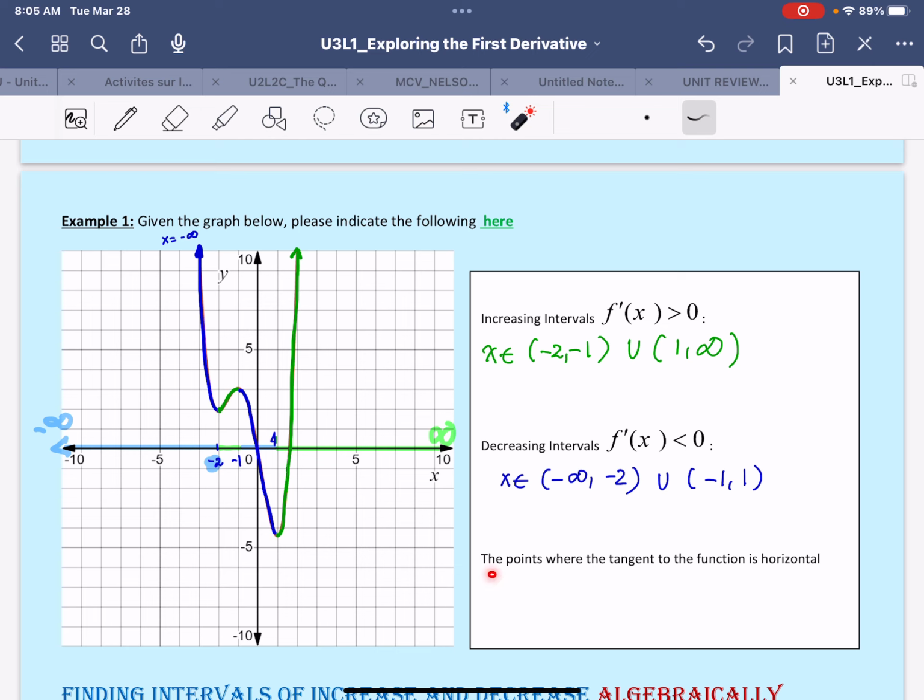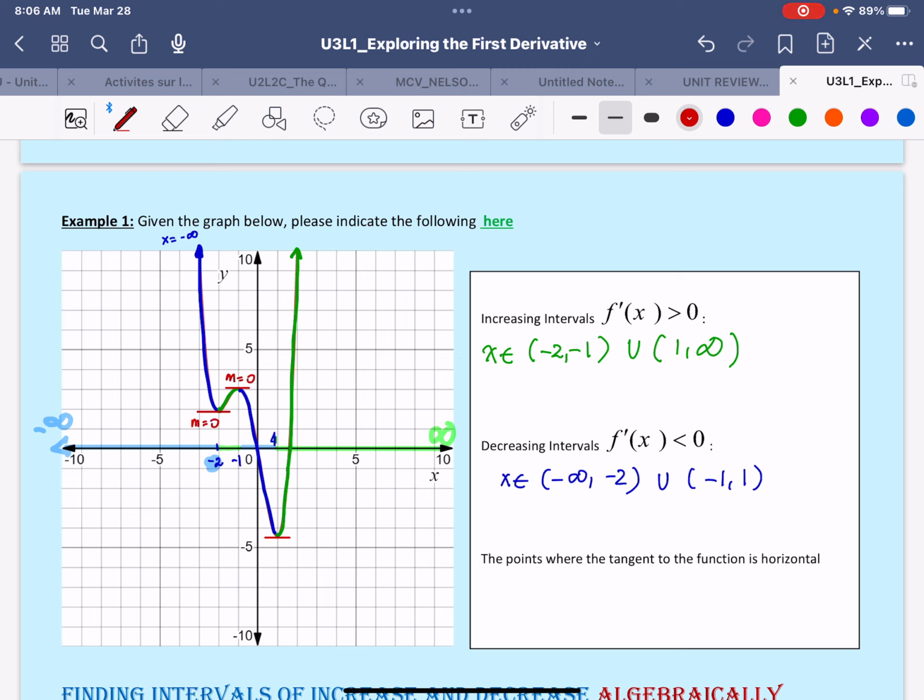Next, we have to determine the points where the tangent of the function is horizontal. As you can see here, we can draw a horizontal tangent right here at x equals negative 2. We can draw a horizontal tangent at x equals negative 1 and a horizontal tangent at x equals positive 1. So you can see that when the tangent is horizontal, the slope is 0.